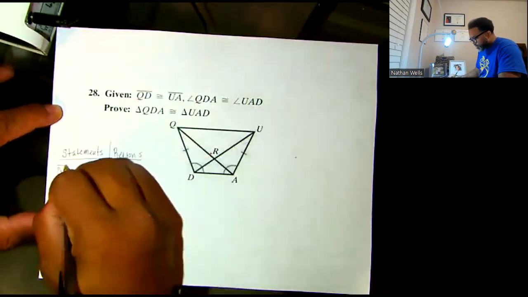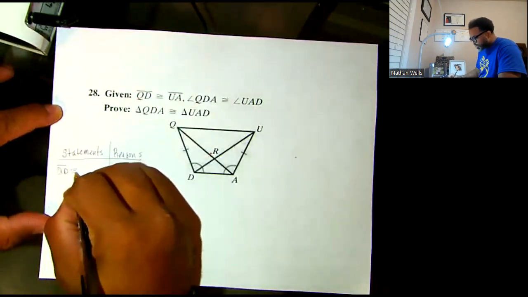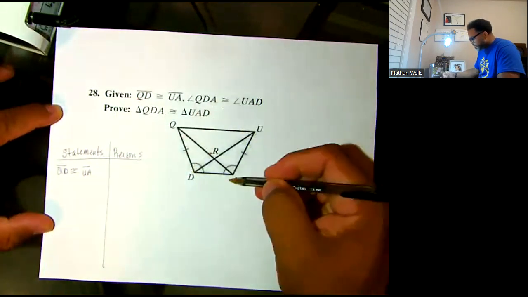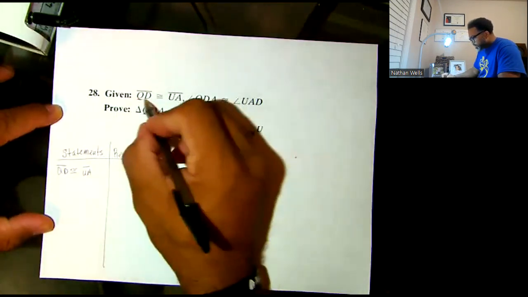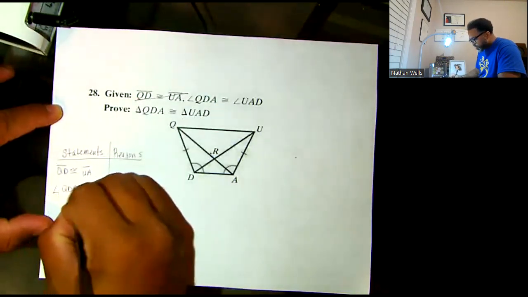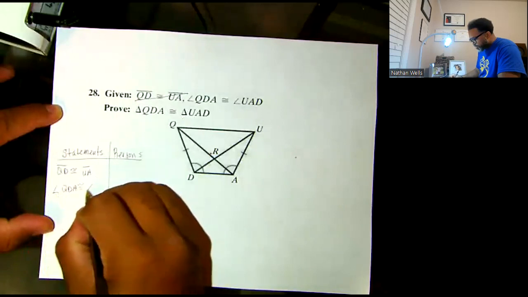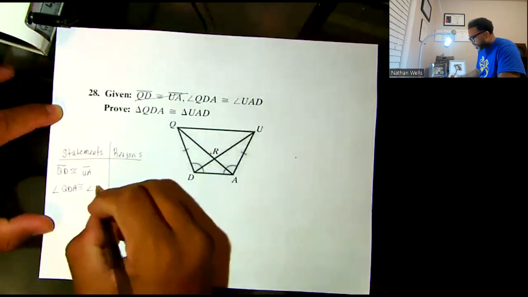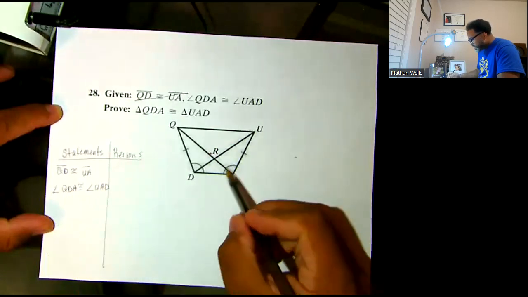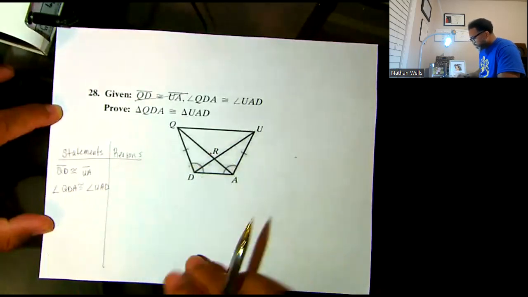So segment QD is congruent to segment UA. That's QD, that's UA. They are congruent. I can cross them out. Angle QDA is congruent to angle UAD. That's these right here. Okay.